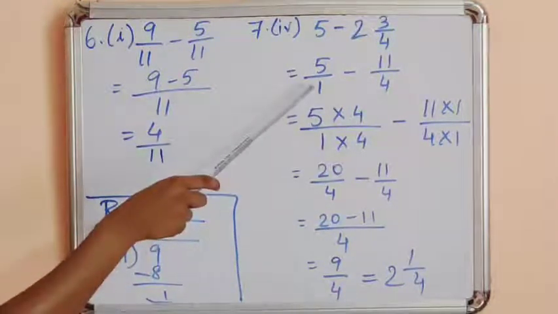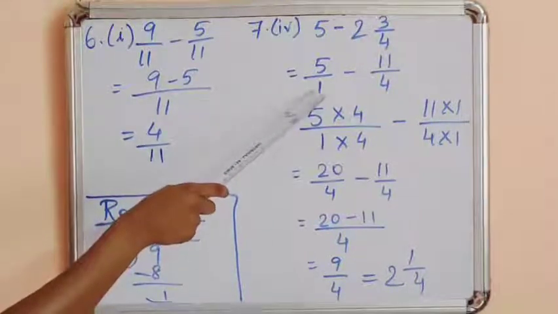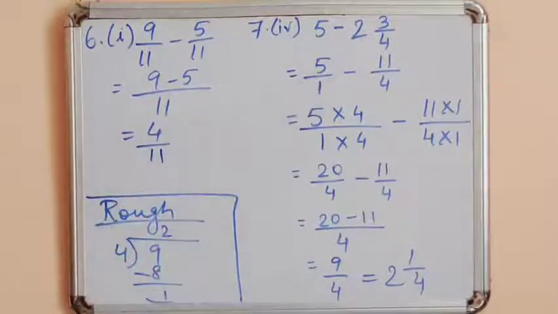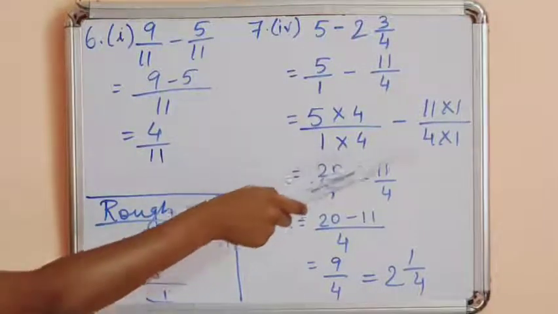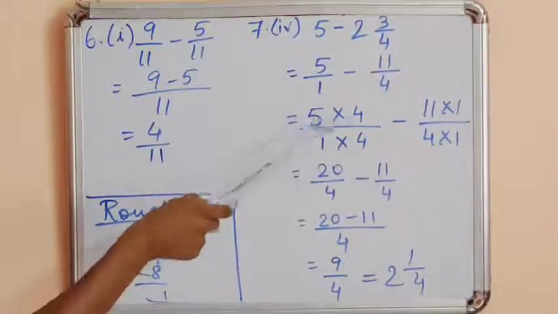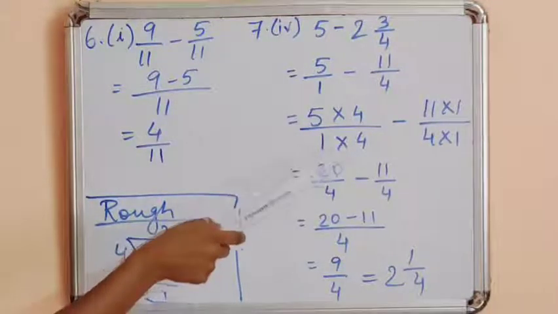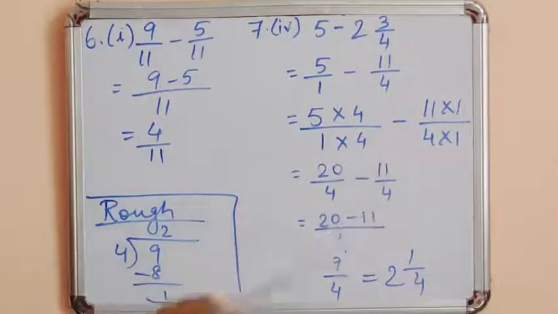And this one we have to make 4. So we have to multiply 4 in the denominator and 4 in the numerator. So this becomes 5 into 4 by 1 into 4. And this is 11 into 1 by 4 into 1. Now if you solve this, 5 into 4 is 20 by 1 into 4 is 4. And 11 into 1 is 11 by 4 into 1 is 4.